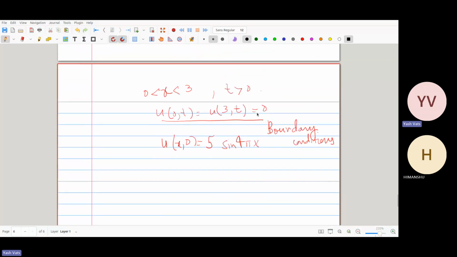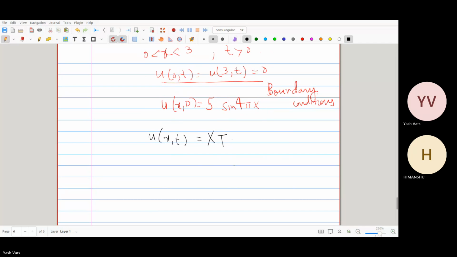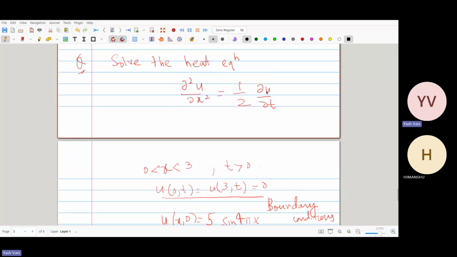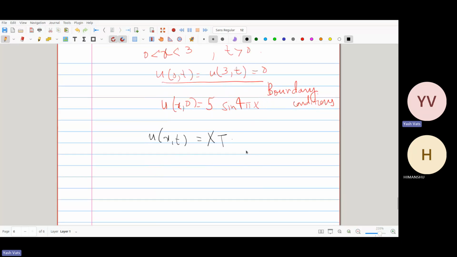So what's the first step that you have to do? You put u(x,t) to be capital X, capital T. I just write like this. Once you substitute it and solve it, you arise with two ordinary differential equations, as you always do in this case.